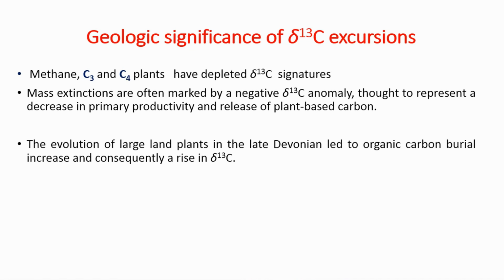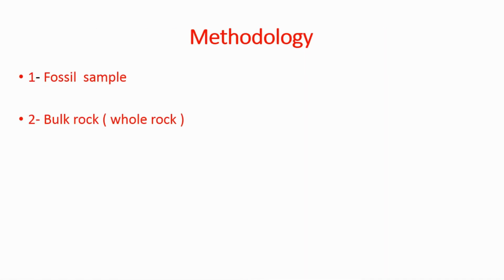Next, we'll talk about the global cooling scenario, which is the evolution of large land plants in the late Devonian that led to an organic carbon burial increase, and consequently a rise in delta carbon 13. The methodology, as you may be aware: two methods of preparation, the fossil sample and bulk rock sample.